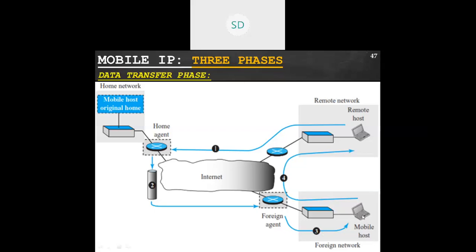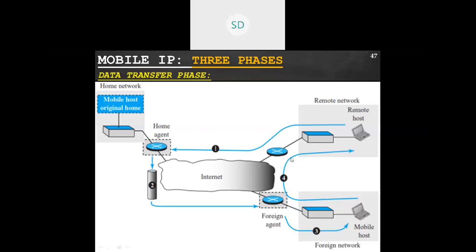Initially, when the remote host wants to send a packet to the mobile host, it uses its own address as the source address. The packet goes to the nearest router, and the source address of the remote host will be saved, with the home address of the mobile host as the destination.